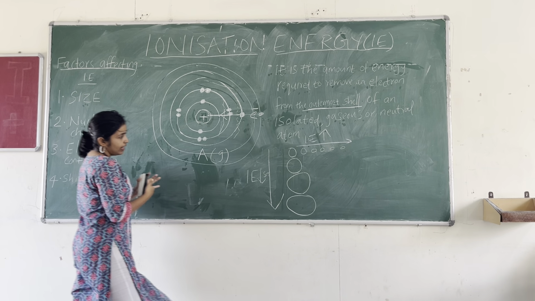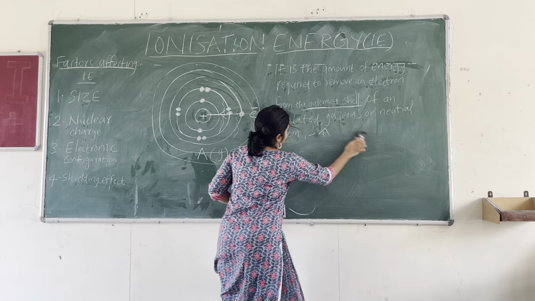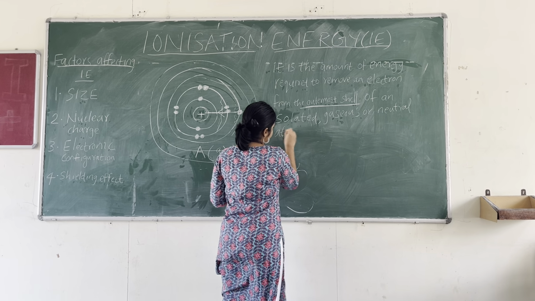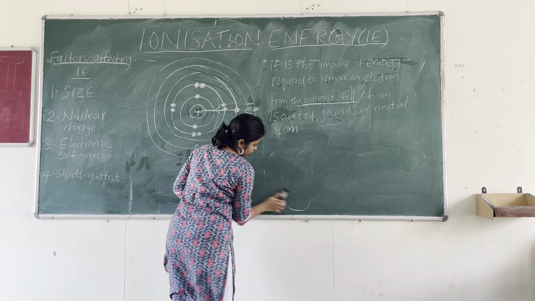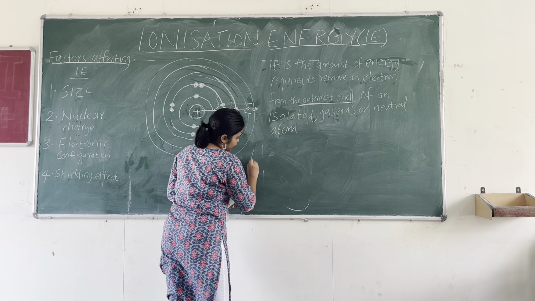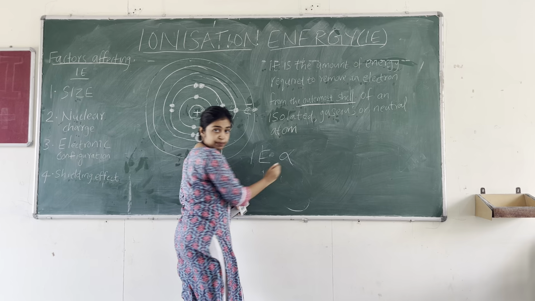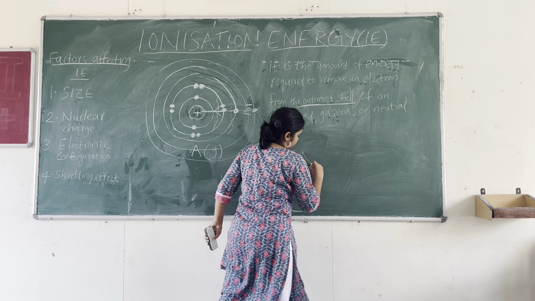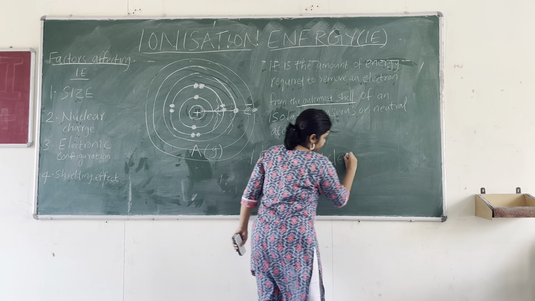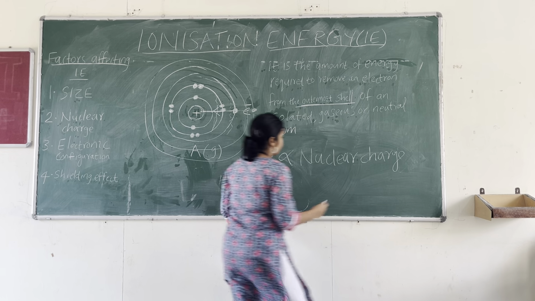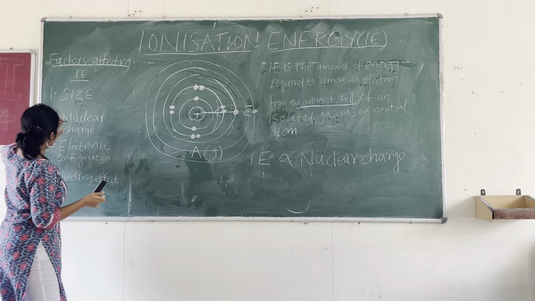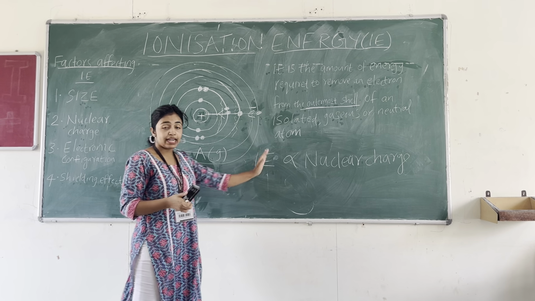So we can write nuclear charge. We can write ionization energy, IE, is directly proportional to what? Nuclear charge. The first one, size, is inversely proportional. Nuclear charge is directly proportional.